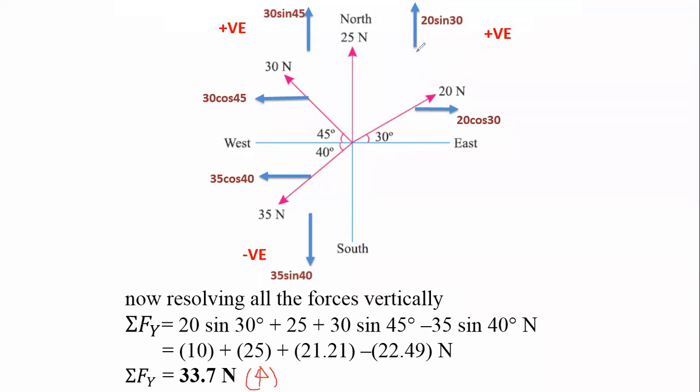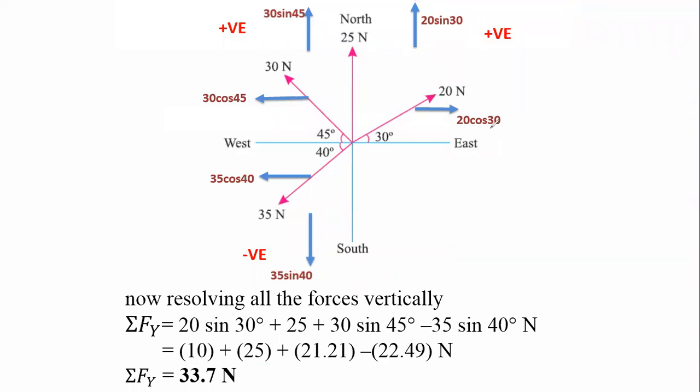If you observe here, this force is upward, this force is also upward, this third force is also going upward, and only one force is going downward. If three forces are going vertically upward with the maximum intensity, the resultant force produced due to these three forces must be going in the vertical upward direction.